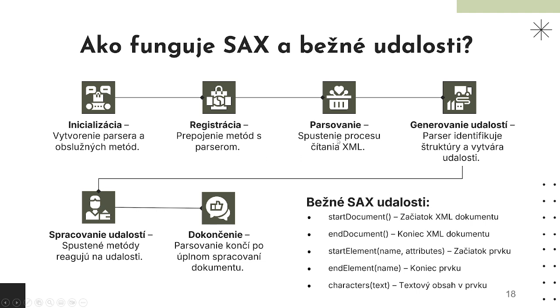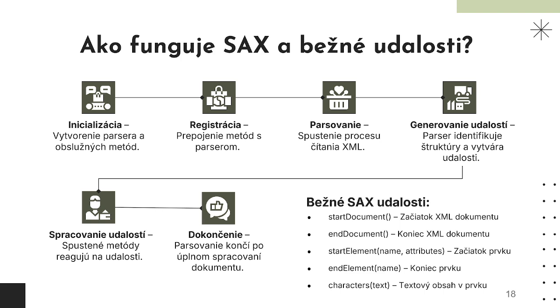Running means reading the XML file by SAX and generating events. Event generation means SAX reads one piece at a time and calls a special handler method for that piece.